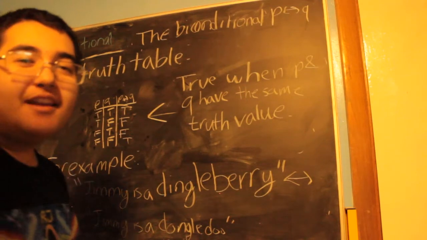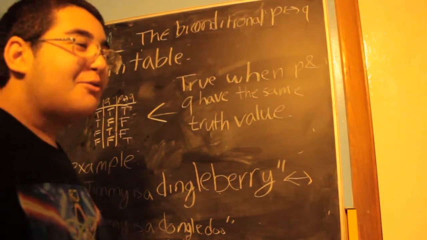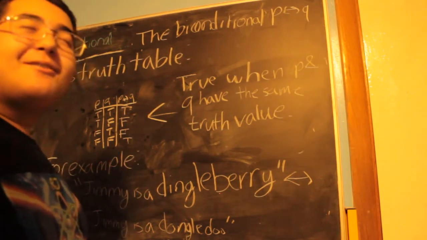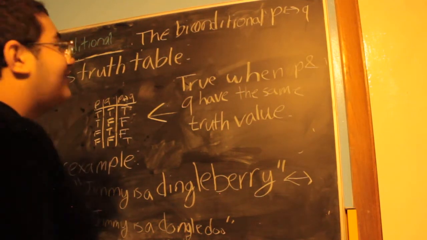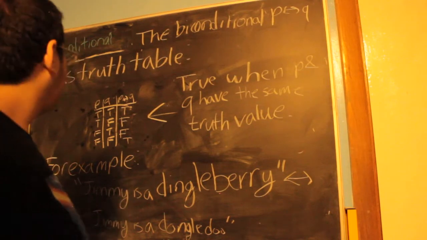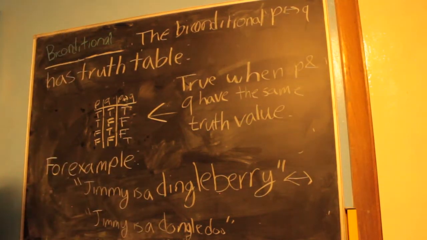We'll have them all in our tool belt. So the biconditional P if and only if Q has this truth table. So it's only true when P and Q have the same truth value.